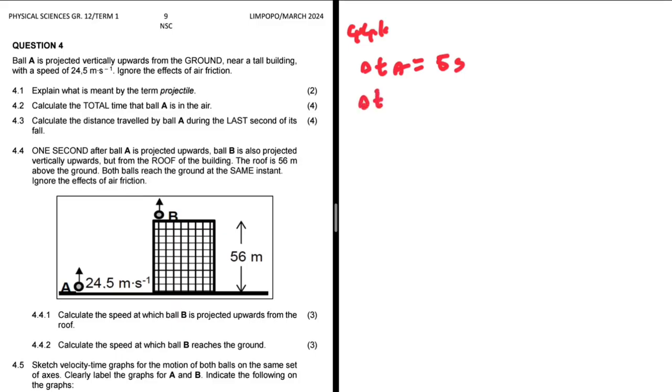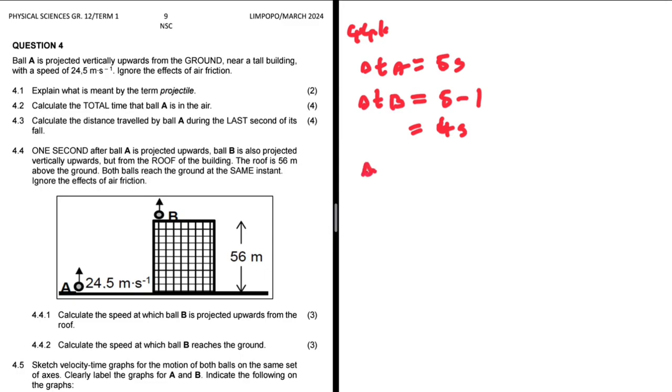But ball B is projected 1 second later, but it strikes the ground at the same instant as ball A. So the time taken by ball B should be 5 minus 1, because it is projected 1 second later but strikes the ground at the same time as ball A. So the time taken by ball B is 5 minus 1, which is 4 seconds, right? It only starts its motion 1 second after, but strikes the ground at the same instant. So it took 4 seconds to travel. Okay, so that is the time taken by ball B.